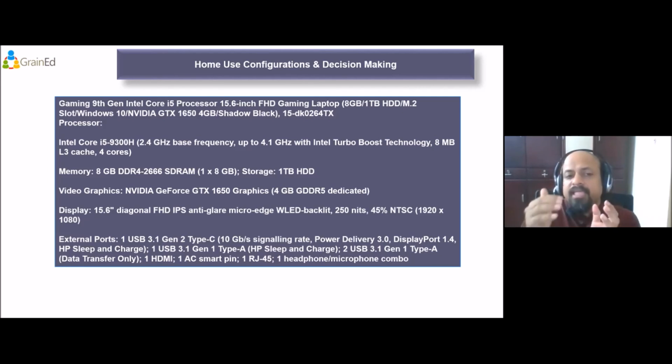Memory: 8 GB RAM, or SDRAM, we call that SDRAM. 1 into 8 GB, sometimes you have 16 GB and 64 GB and all that. Don't worry about these names, but this keeps changing, 8 GB to 64 GB also. You see 1 TB hard disk, that is terabyte, 1 TB HDD. That's the meaning of it.